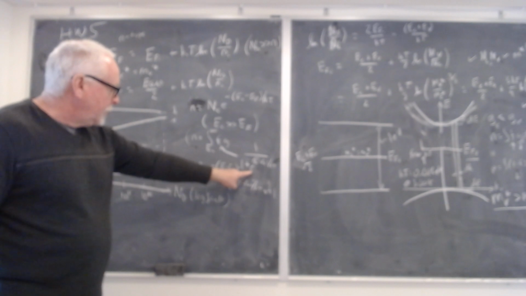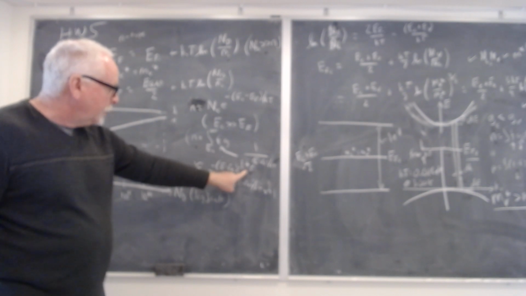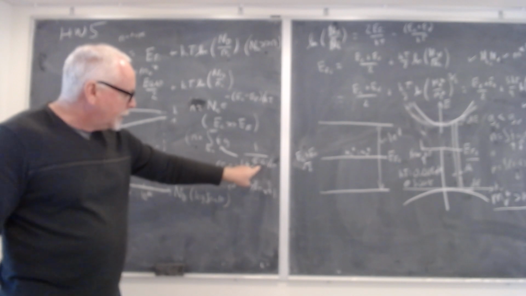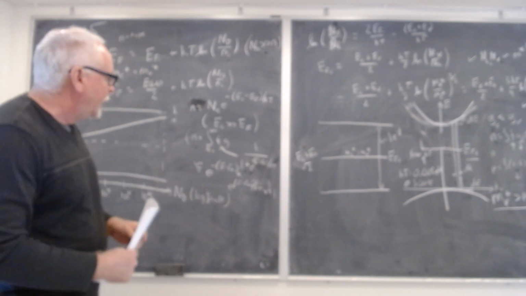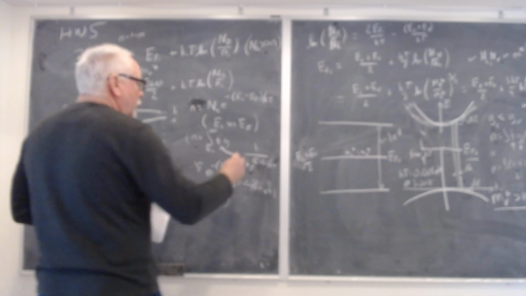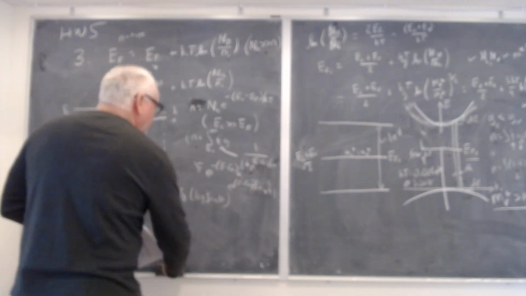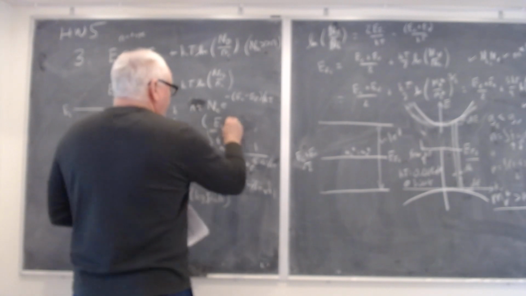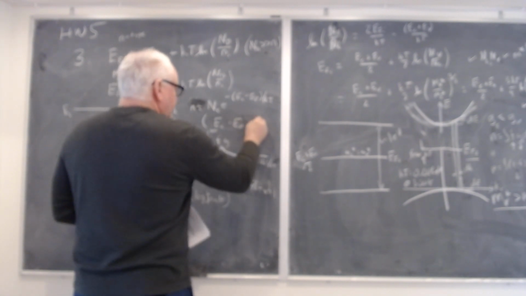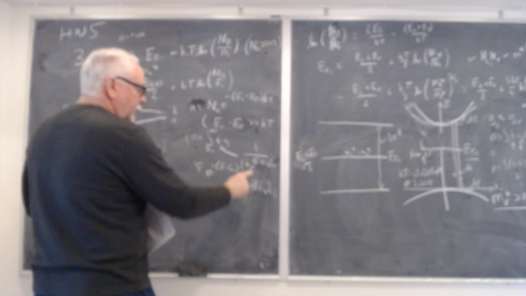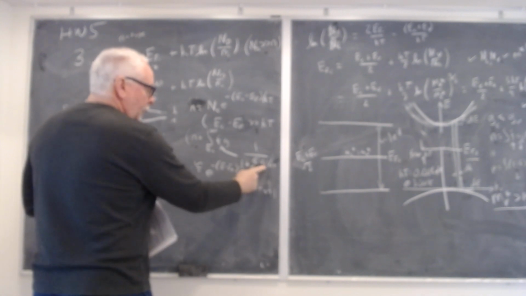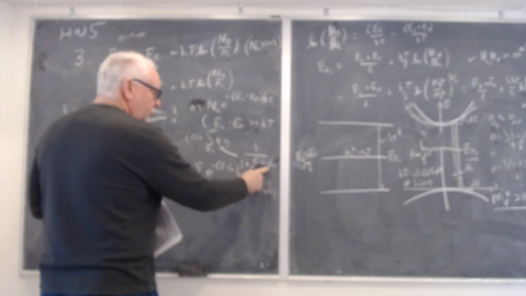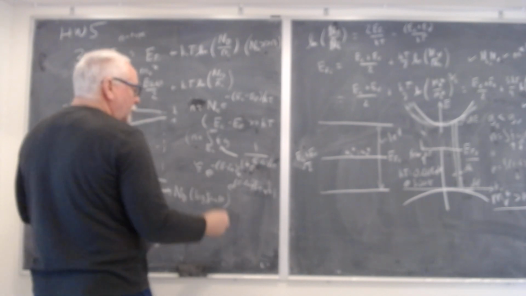But by approximating that the exponential is much bigger than 1, for that to be true, E minus EF has to be much bigger than kT. I wrote this wrong: EC minus EF has to be much bigger than kT. If E minus EF is much bigger than kT, then this is e to a large number, and so that's much bigger than 1.